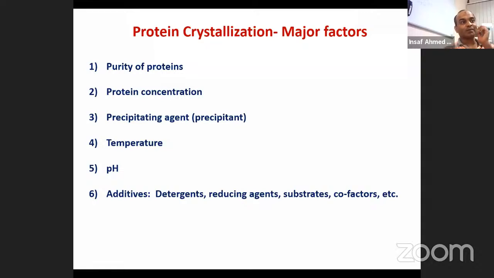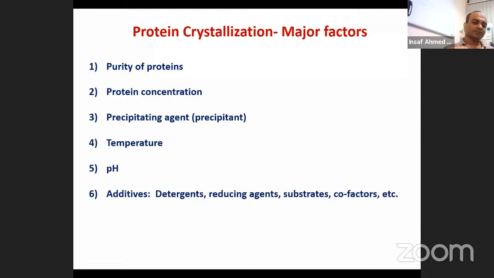Those disulfide bonds will change the conformation. Suppose your protein should be present in this form, and now the disulfide bridge will bring this part together. So this will change the conformation of the protein. To avoid this oxidation of cysteine, we add some reducing agent. Generally people use beta-mercaptoethanol or DTT, dithiothreitol.